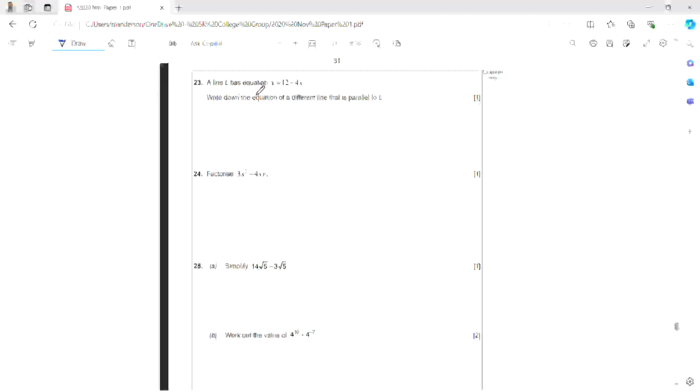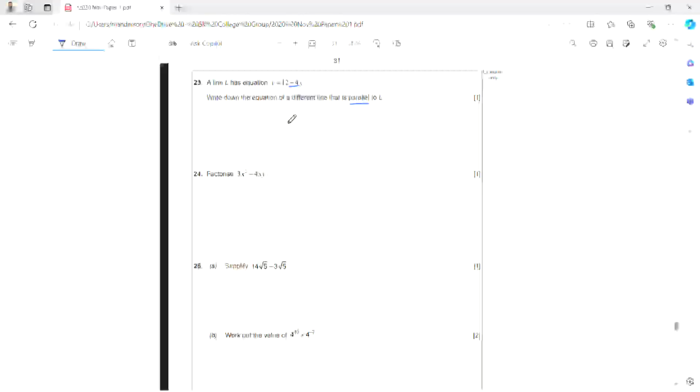A line L has an equation, y equals 12 minus 4x. Write down an equation of a different line that is parallel to L. So when we have equations, they're normally in the form y equals mx plus c, where m is whatever's in front of our x. In this case, it's our minus 4, and this is our gradient, so this is how steep the line is.